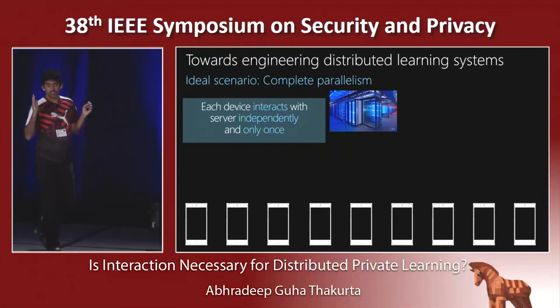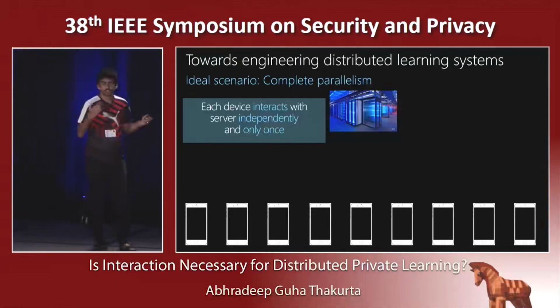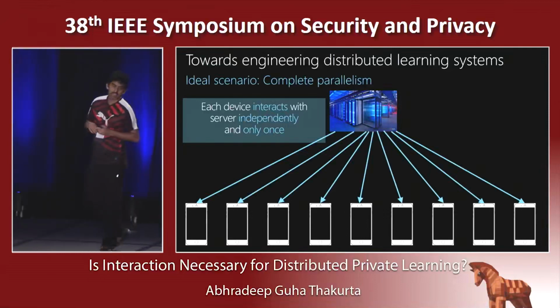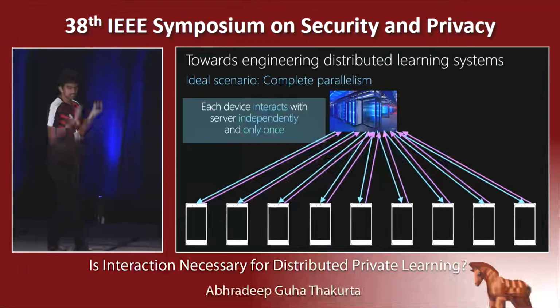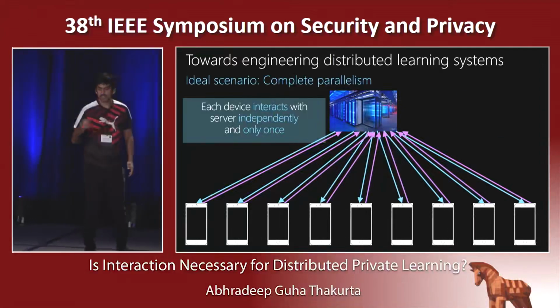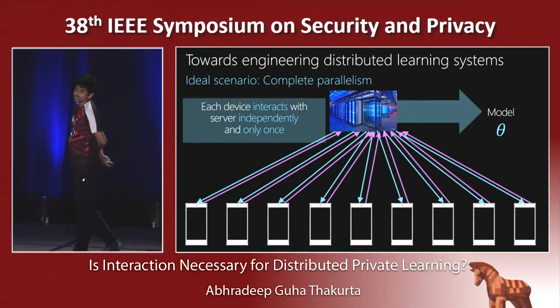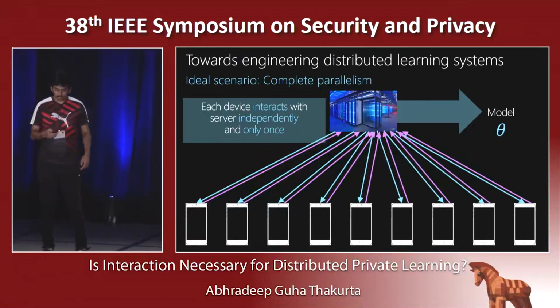There are other issues with the devices, like they may not be on Wi-Fi and things like that. So you do not want to rely on the availability of the device to design your algorithm. So, at a very high level, how does this algorithm work? The server asks a bunch of questions, devices give the information back to the server completely independently, and the server produces a model. Now there are classes of problems where you can design such algorithms.